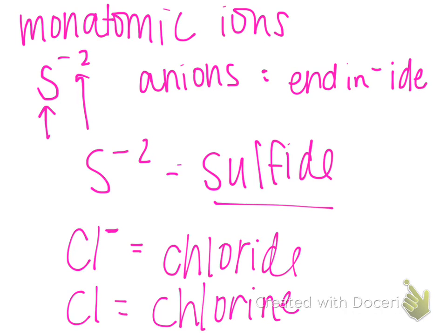Okay, and it's really important that you understand only anions end in IDE. Cations do not. Okay? So we good with monatomic anions? Okay, so let's look at how we name cations. Cations are really easy to name. There's no change.